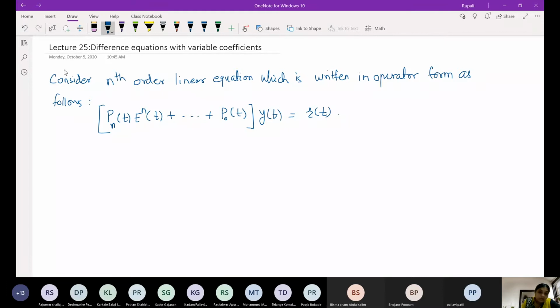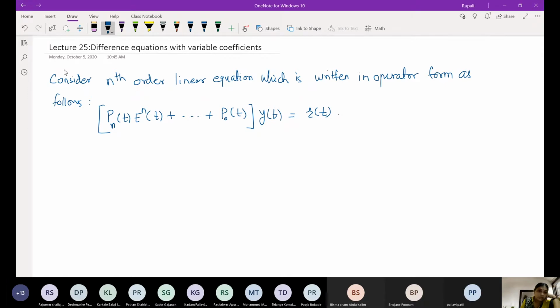Now if we see the history of differential equations, second order and higher order equations with variable coefficients are not easy to solve. There are some methods with the help of which we can get closed form solutions, but in many cases we may not get the solution in closed form or analytic form.